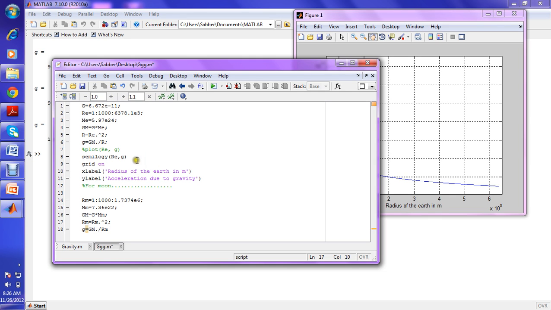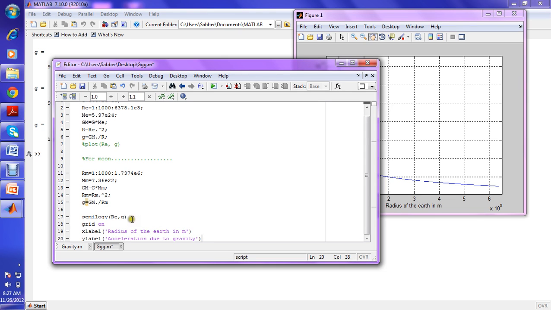Okay, so we can put these options here so that we can put both plots. So let's see, it's the gm, the gmoon, and the ge. So this should be the ge, and make a dash.